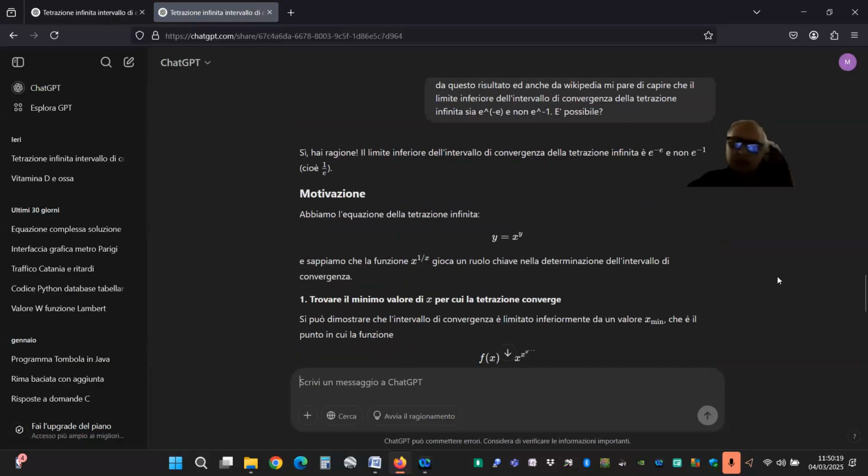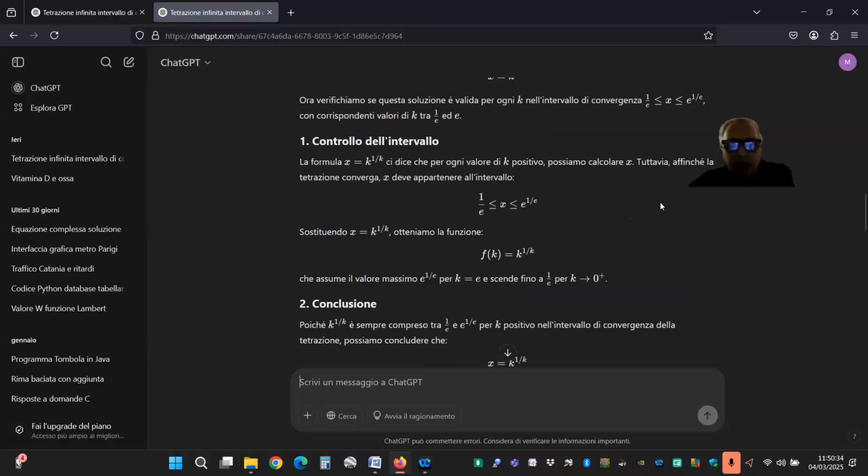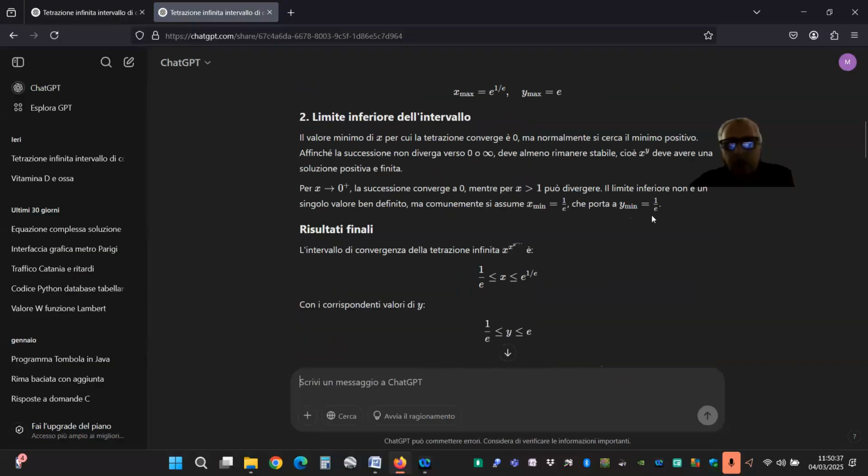And ChatGPT agreed with me. So you see, there was a small error, nothing particular, in the calculation. If we look at the reasoning too, you see interval check, lower limit. If you read it, you will realize that there isn't a real proper proof. There is only a proposition of the value.